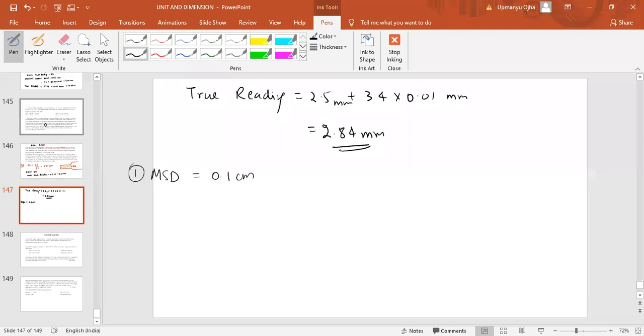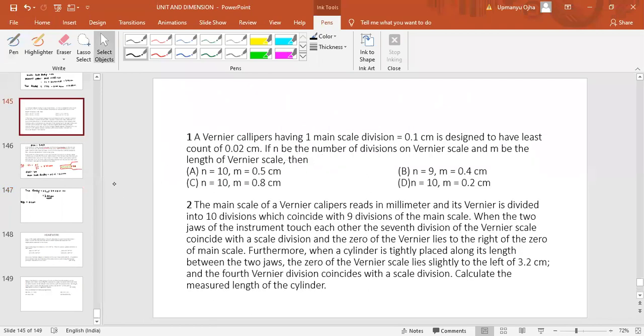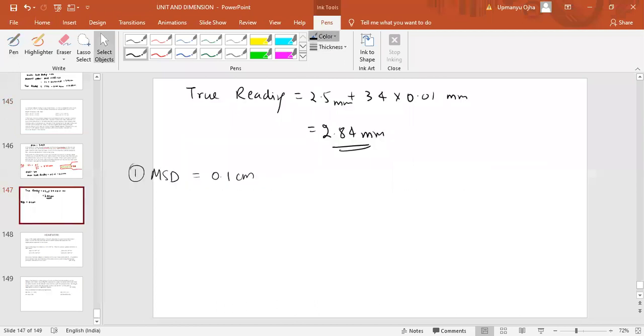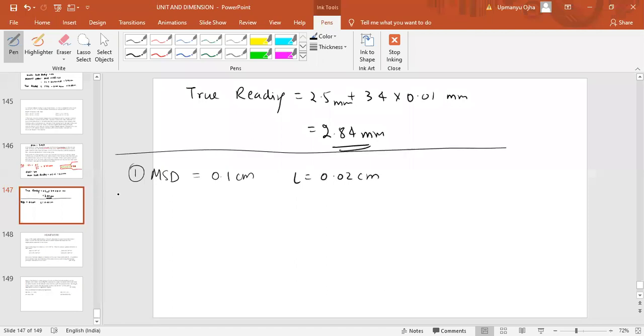Then the least count they have given to us is 0.02 centimeter. Now what we have to find? We have to find the number of divisions on the vernier scale and the length of the vernier scale.